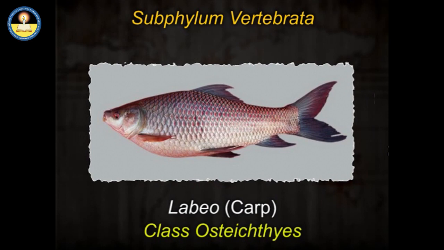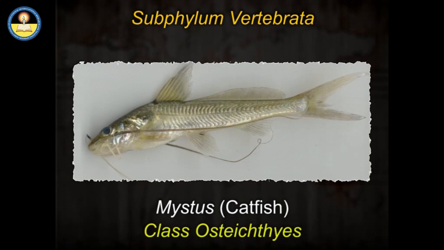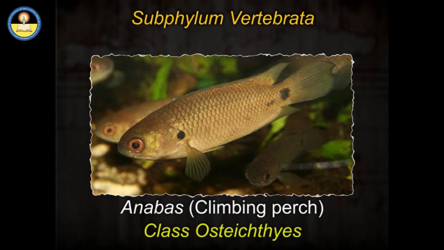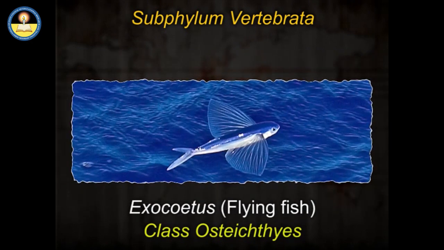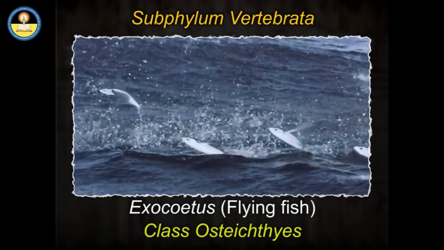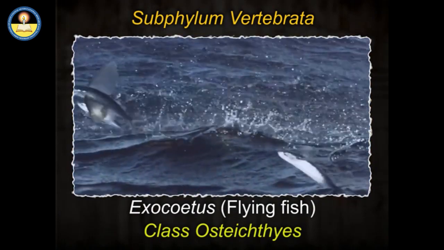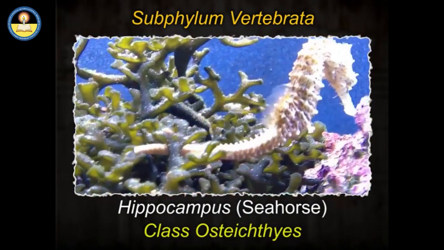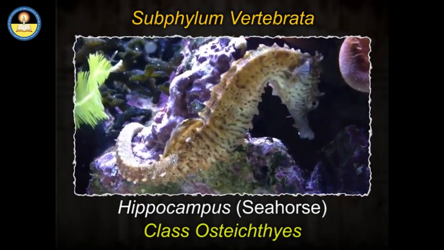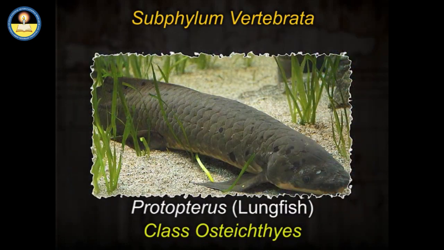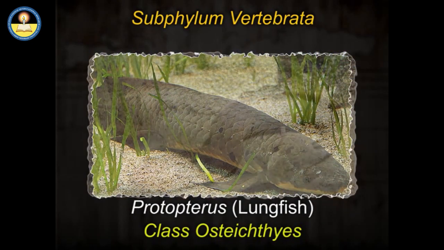Some examples are Labeo, that is carp, Mystus, catfish, Anabas, climbing perch, Exocoetus, flying fish, Hippocampus, seahorse, and Protopterus, that is lungfish.